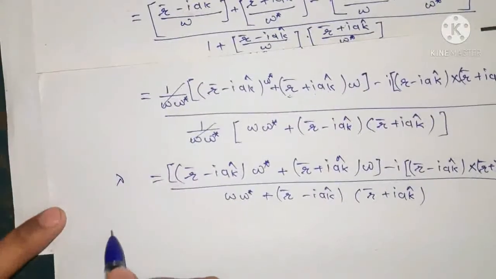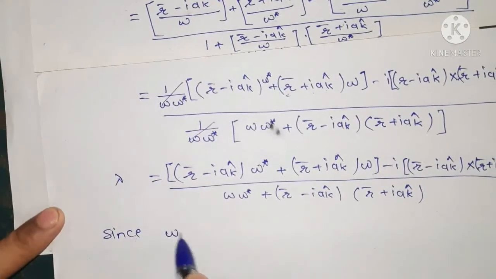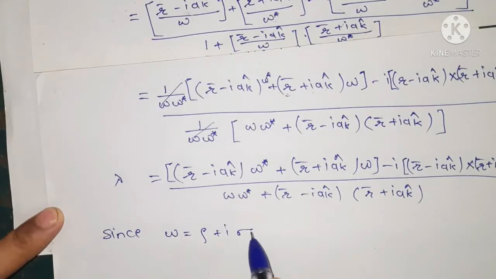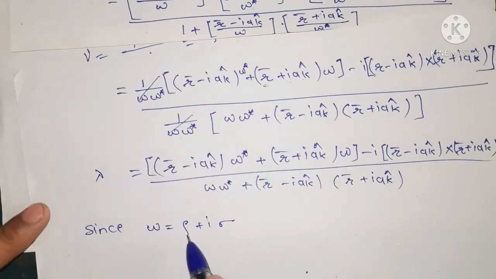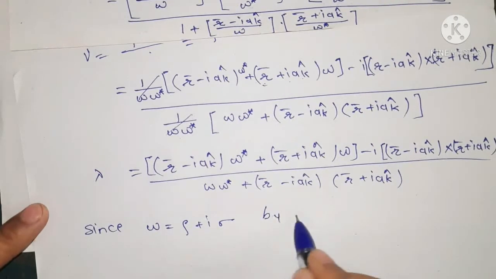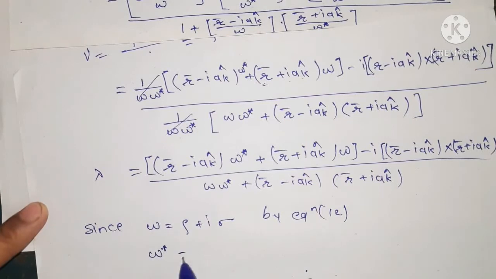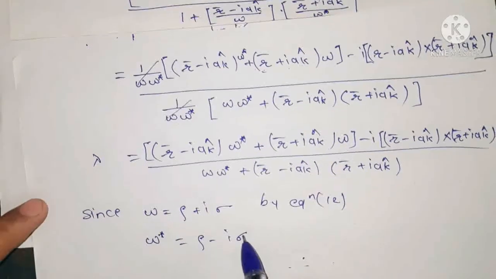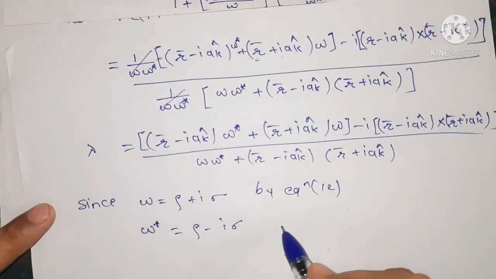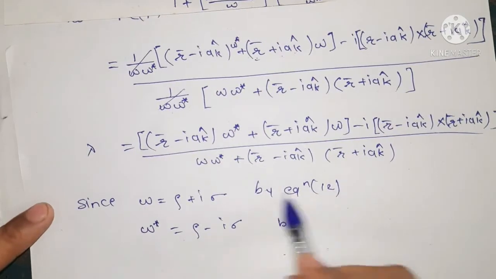Now we know that omega is equal to rho plus i into sigma, by equation 12. So omega star is equal to rho minus i into sigma, by equation 12 here.